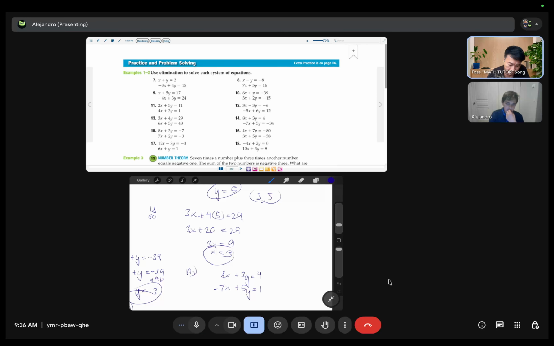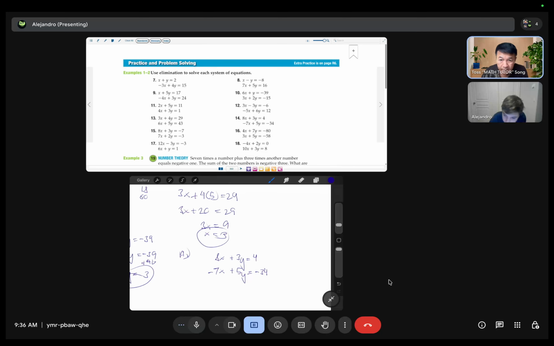Let me copy it nicely here. Double check here. Normally I would go with the sign being the opposite, but it's not. I copied it wrong. You see, 14. It's not a big deal. Right, so double check. Copy it right. Okay. What do you want to do? Multiply the top by and the bottom by what?